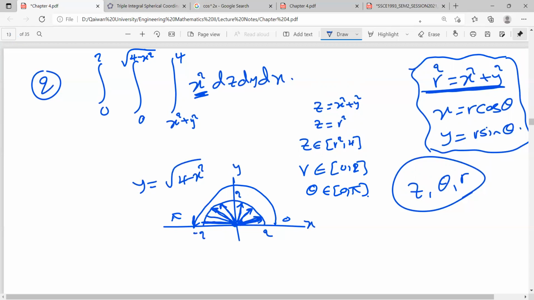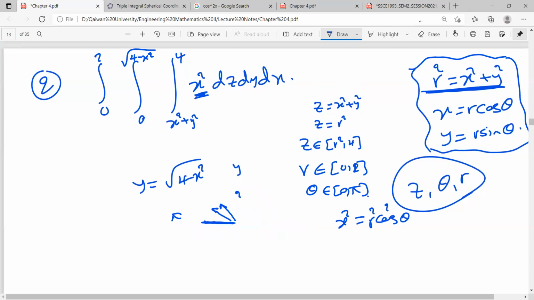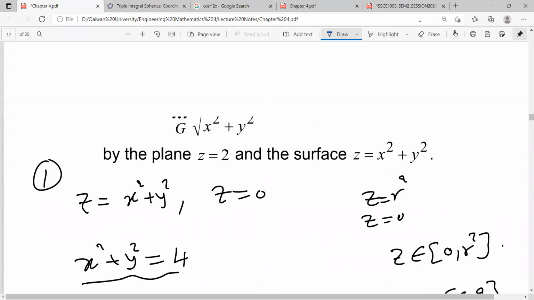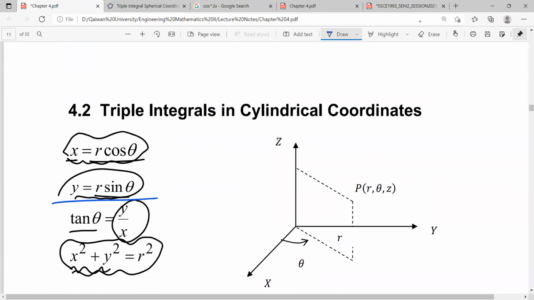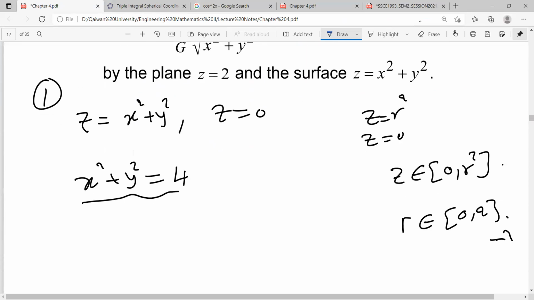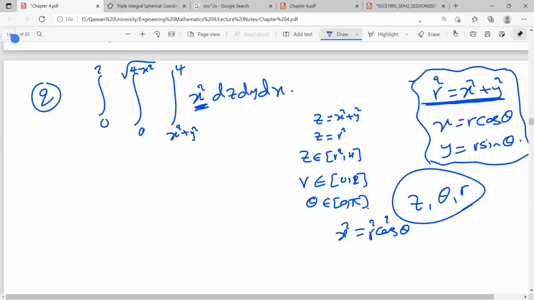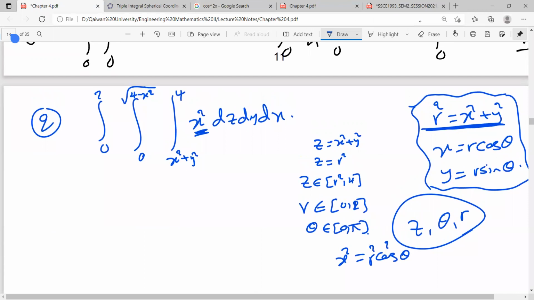But here you have x squared, and x squared equals r squared cosine squared of theta, because we said x is r cosine theta. We took these rules from here. These are the rules which were given before, and we talked about them during the last lecture.